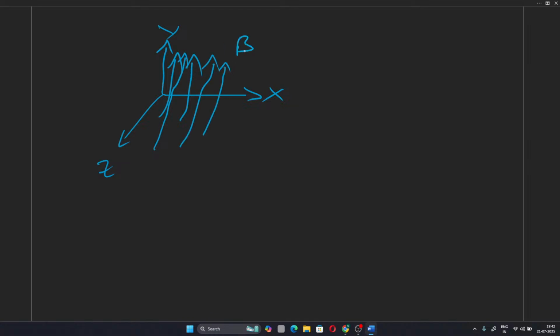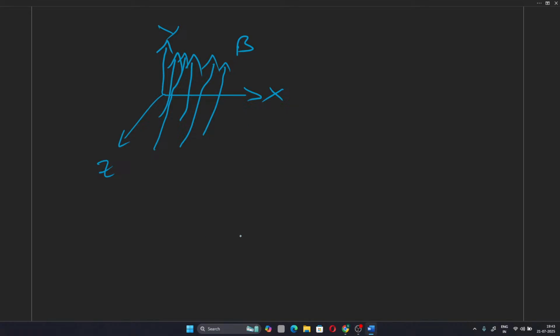This is the three-dimensional view here. These are the x, y, and z axes. The magnetic field lines are this way in the positive x direction.